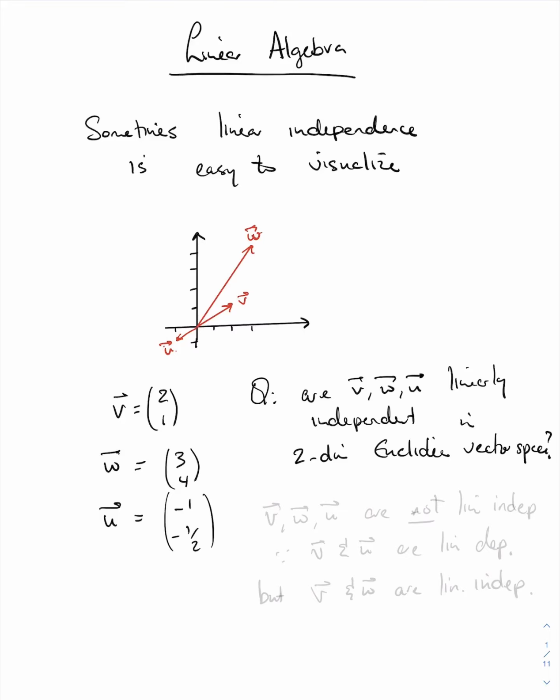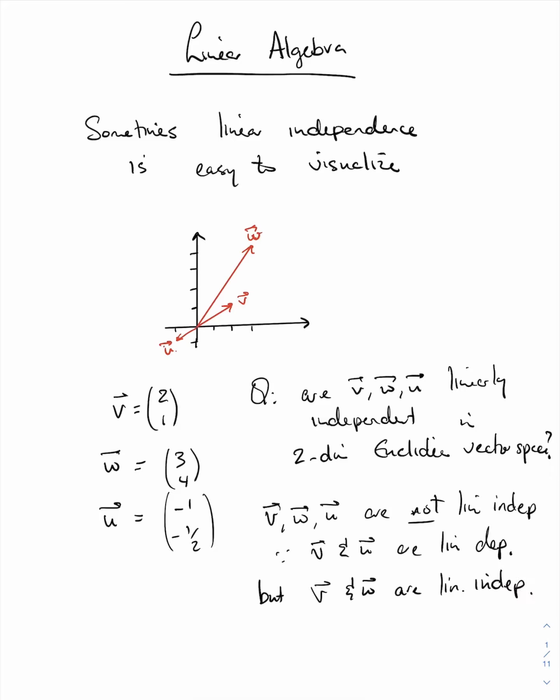Together they lie on the same line. So v, w, and u are not linearly independent because v and u are linearly dependent. But v and w together do not fall on the same line, so they are linearly independent.